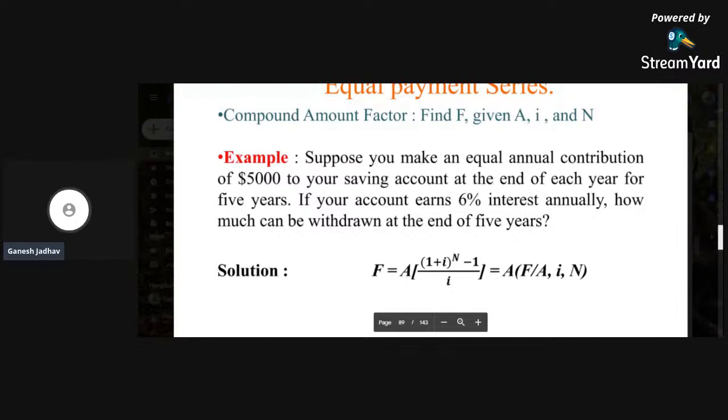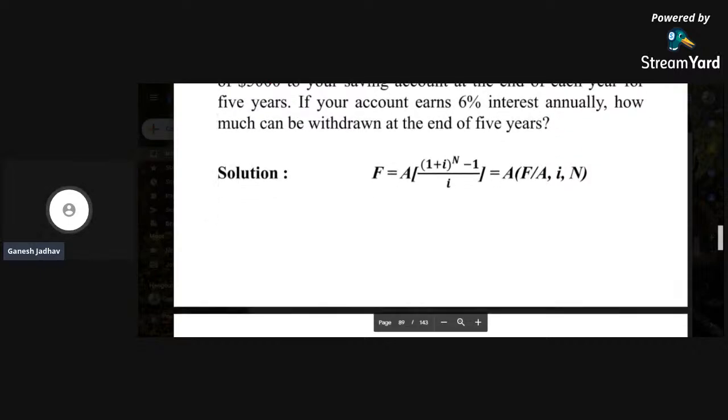The value of A is equal to $5,000. If your account earns 6% interest annually, what is the value of I? I is equal to 6%. How much can be withdrawn at the end of the 5 years, which means your future value?